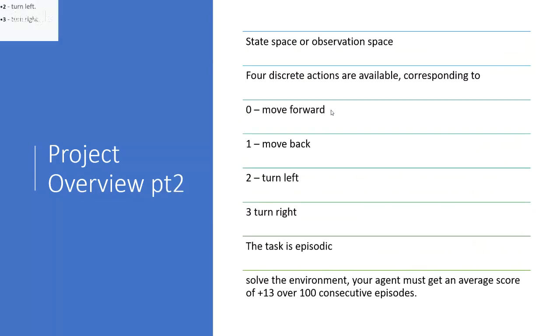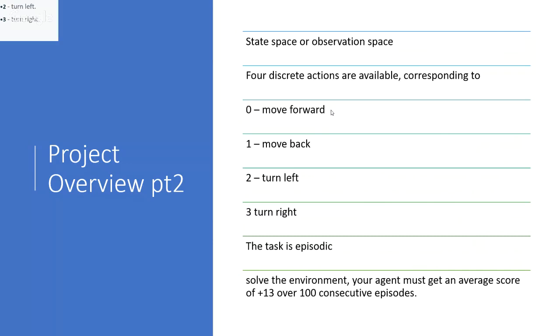Now, the action space. Sorry, that was meant to say action space, that's a typo. There are 4 discrete actions available. This would be 0, 1, 2, 3 in an array, corresponding to moving forward, moving backwards, turning left and turning right.